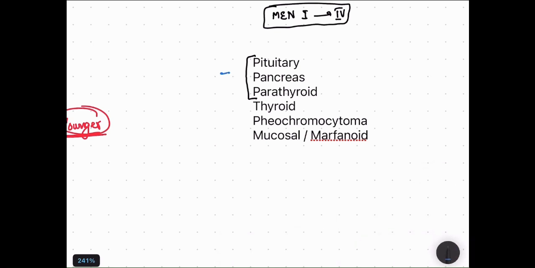MEN 1 syndrome has pituitary adenoma, and the most common pituitary adenoma seen is prolactinoma. Next, you will have pancreatic endocrine neoplasia, and the one most commonly seen in MEN 1 is gastrinoma, but the most common overall is insulinoma.